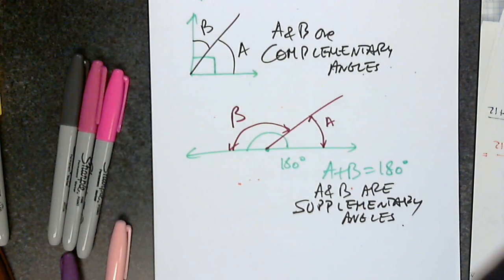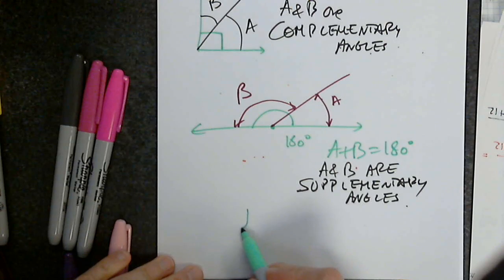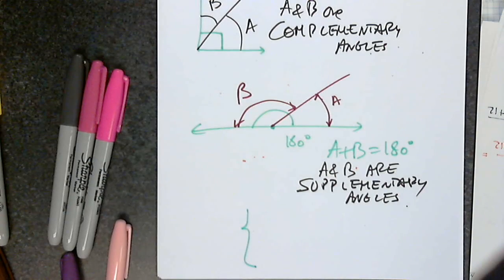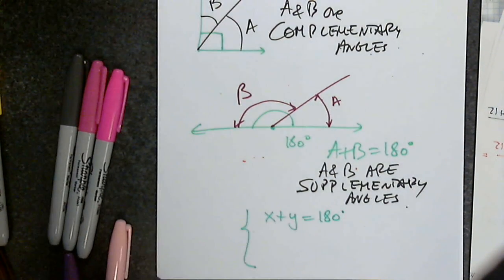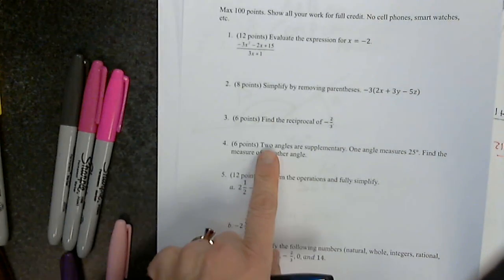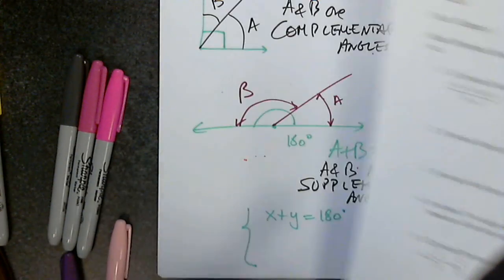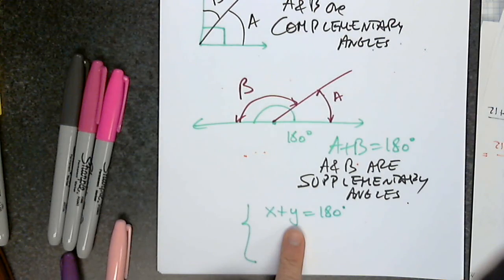So now we can read our problem. Two angles are supplementary. What is the equation that you will write immediately if two angles are supplementary? You don't have to call them A and B. You can call them X and Y. You can name them the way you like. Say it again. Very good. So when we read this first sentence, two angles are supplementary, this is what I write immediately, that X plus Y equals 180.